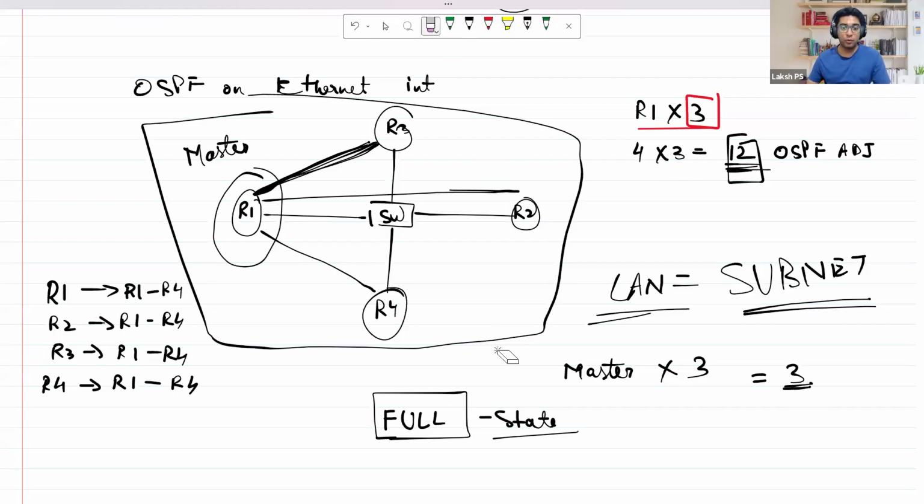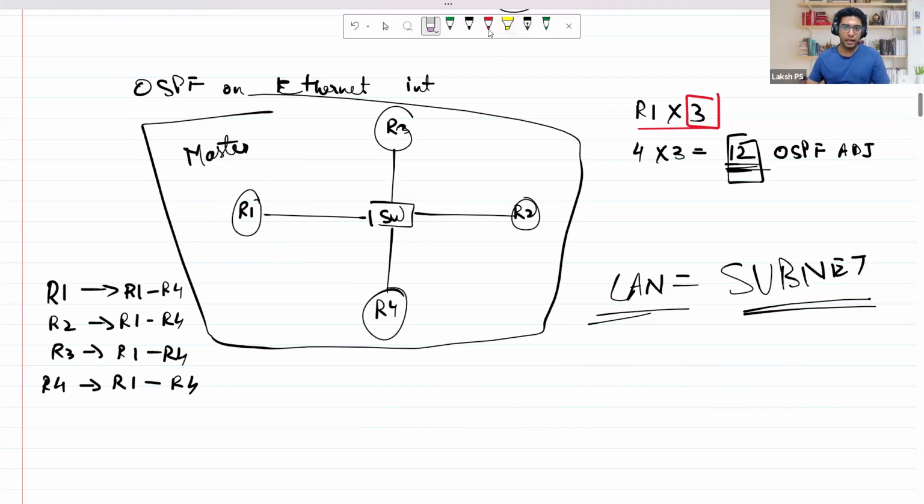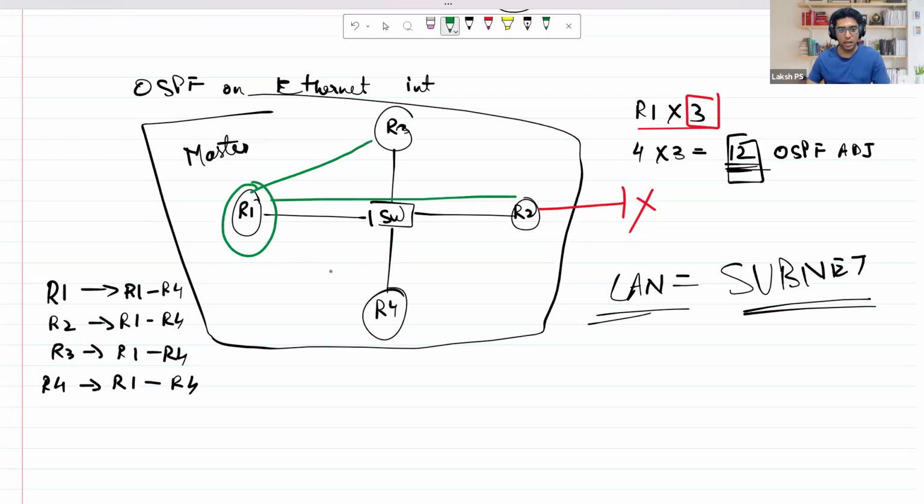Now what is happening over here? Even though you have 3 adjacencies, the database will remain the same. Why? I'll give you an example. Let's say I add some network, for example X network, on R2. What is going to happen? As I said, the adjacencies that are formed are only between the master router and the other routers.